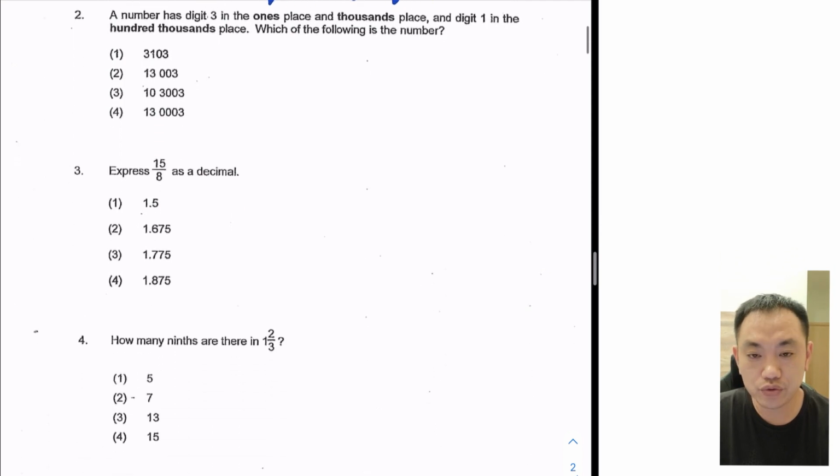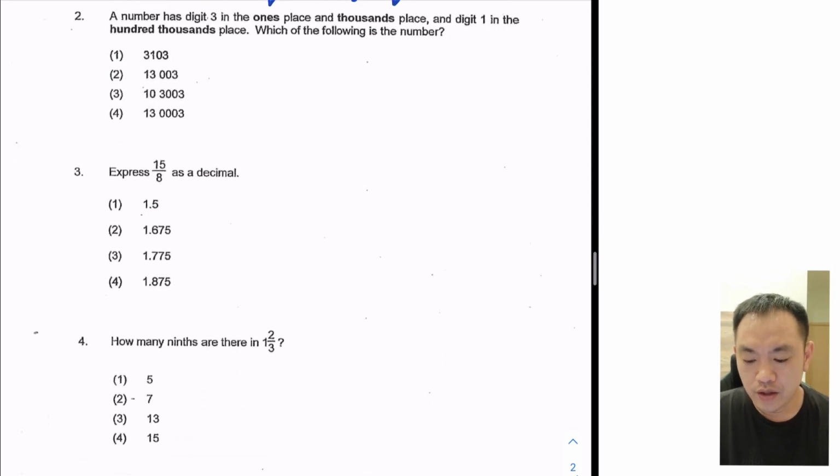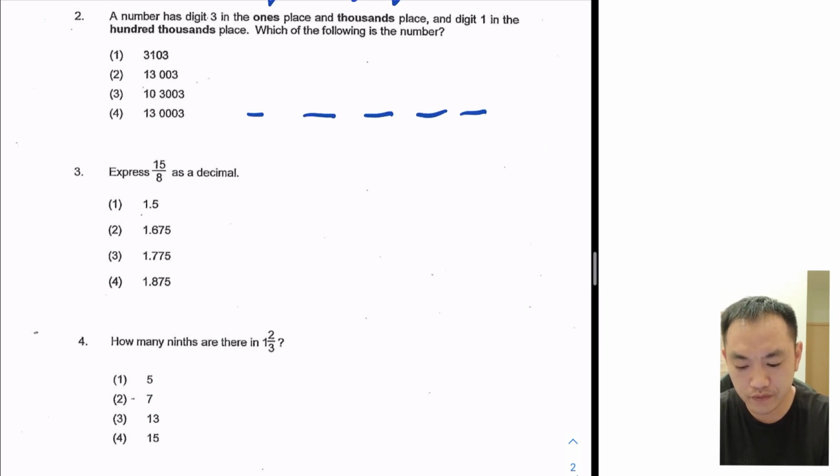Let's move on to question 2. A number has digit 3 in the ones place and the thousands place, and then digit 1 in the hundred thousands place. Let's mark out the places here. It says the number has digit 3 in the ones place here, and then in the thousands place.